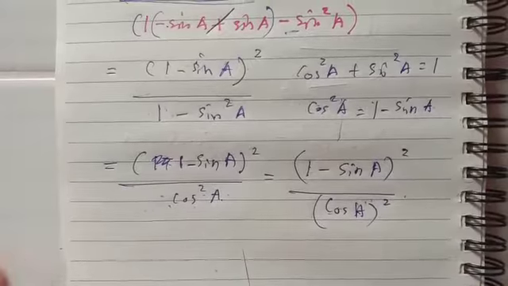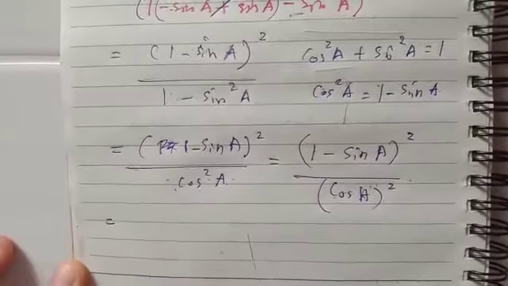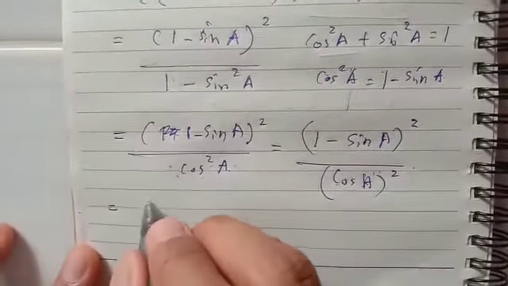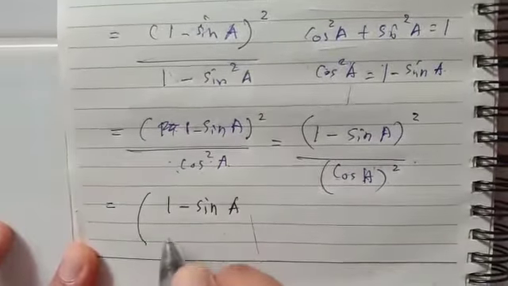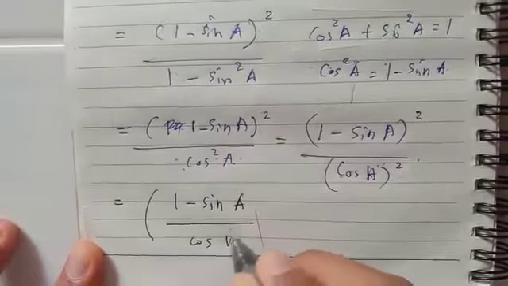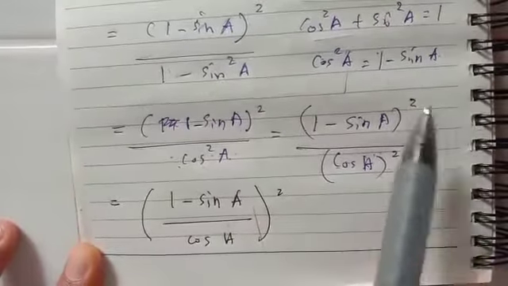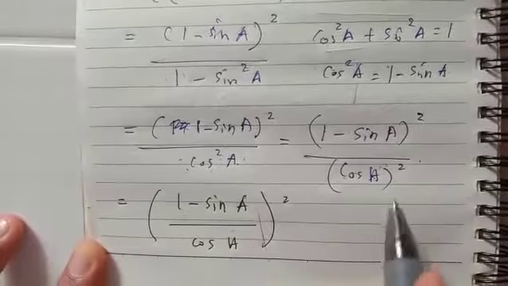I change the color. You can do it like this: 1 minus sine A, divided by cos A, all squared, because it has the same power.